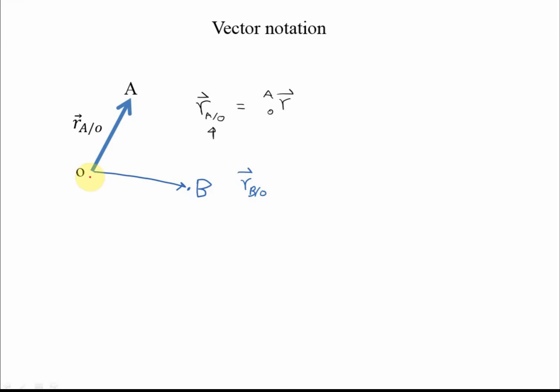So let's say this one has exactly the same magnitude, but the direction is opposite. Let's say this is A dot. So I can say this is vector r a dot from O. But since the two vectors have the same magnitude, this one is exactly the same as negative of r a from O. Okay, so the negative means the direction is opposite.